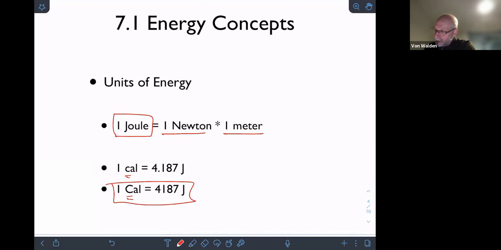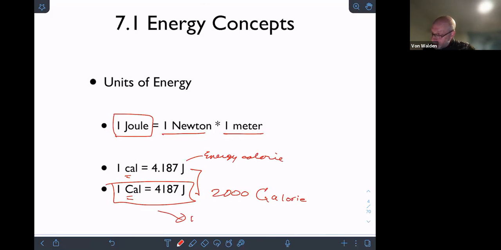So if we eat 2,000 calories a day, that's going to be calories with a capital C. And the energy calories are going to be 1,000 times smaller than those. So you can see that there's a factor of 1,000 between these two. So be careful when you're writing, if you're going to do these, to use the C in the proper way. This is an energy calorie, and this is a food calorie.